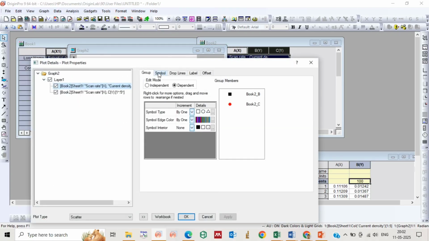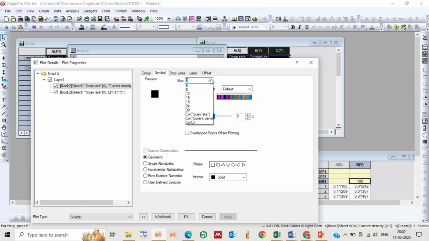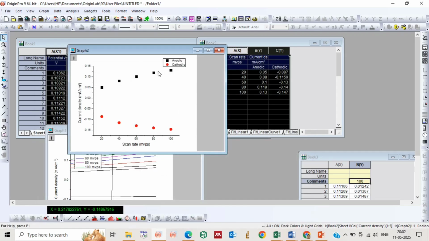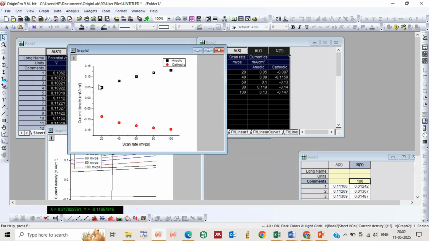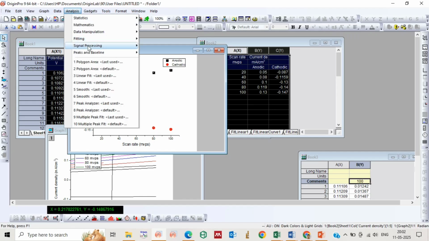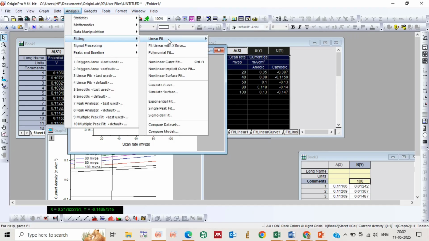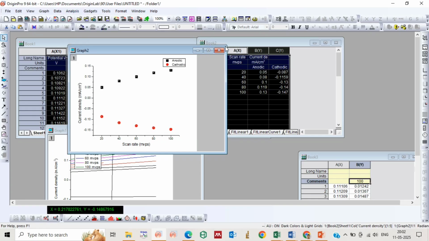Now first of all, let me increase the size of the points for clear visualization. Okay, now what we need to do, just click on the point. Now go to analysis, then fitting, linear fit, and open dialog box.